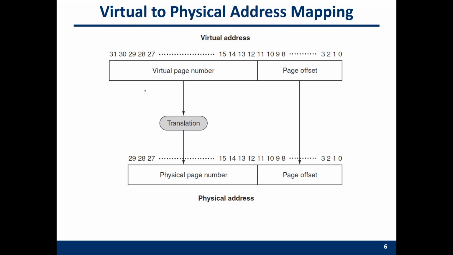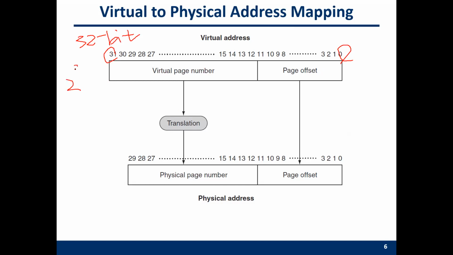Because for simplicity, we only cover the 32-bit machine case. You can see that the virtual address here is from 31 to 0. You only have 32 bits here.